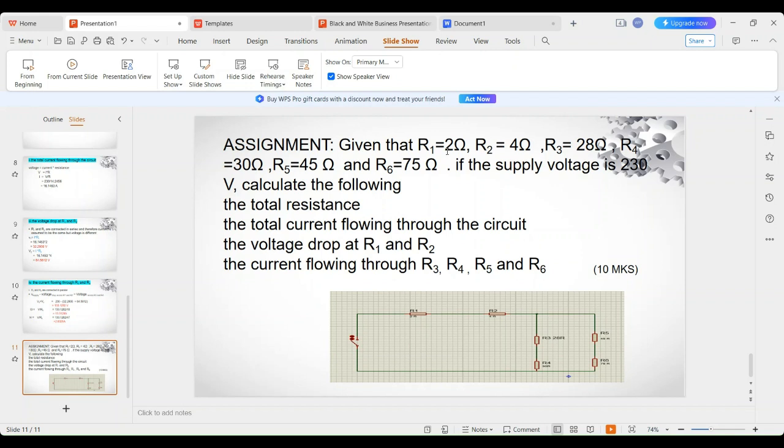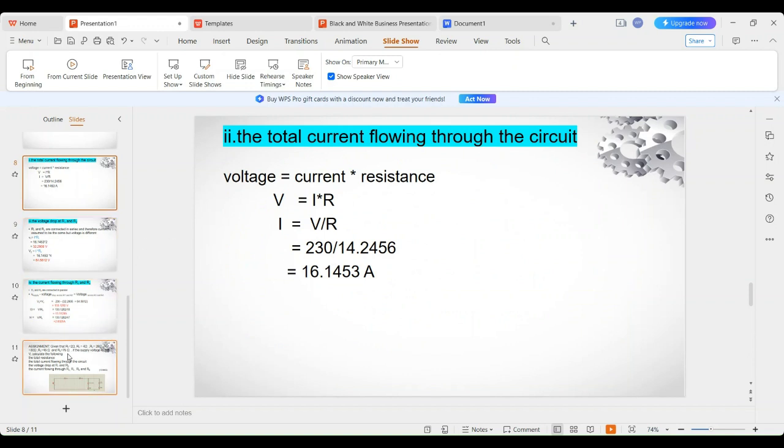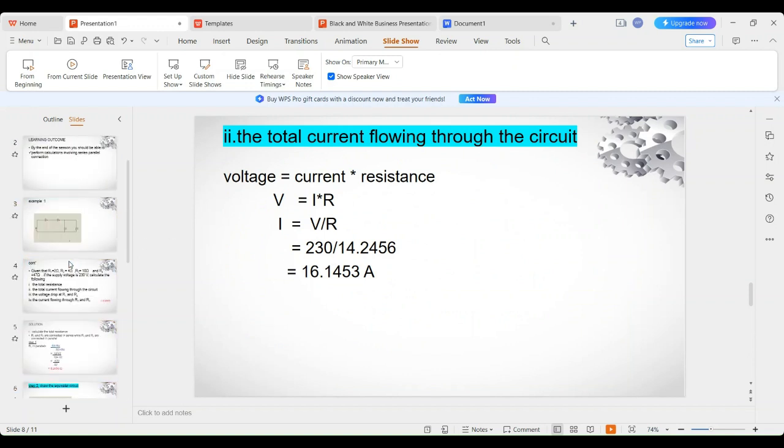Calculate the following: the total resistance, the total current flowing through the circuit, the voltage drop at R1 and R2, and the current flowing through R3, R4, R5, and R6. This one is just, if you have understood our example number 1, I believe it will be clear for you to also do that exercise.